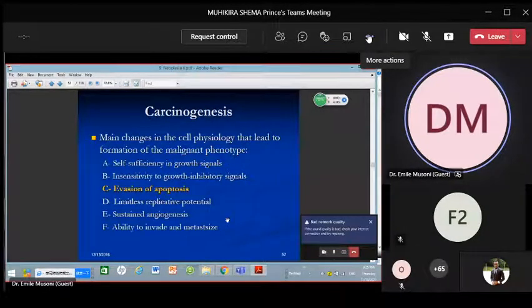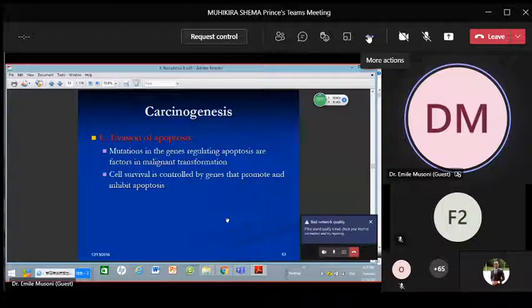Number 3 is evasion of apoptosis. Mutations in the genes regulating apoptosis are factors in malignant transformation. Cell survival is controlled by genes that promote and inhibit apoptosis.